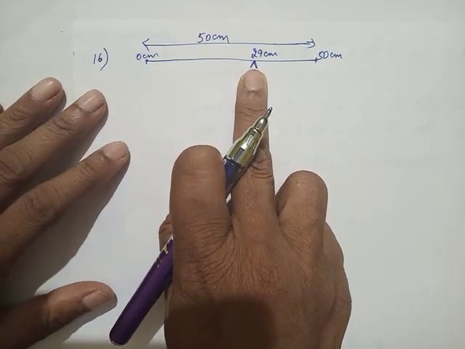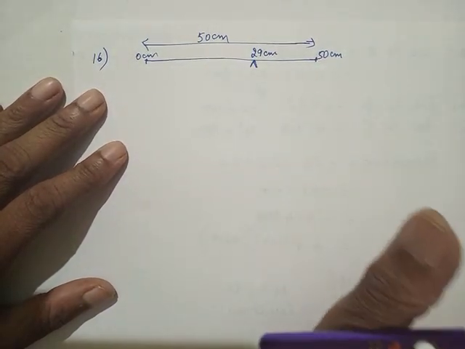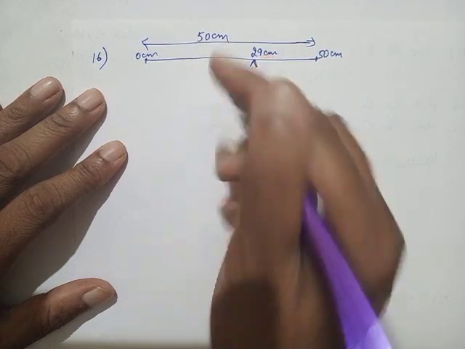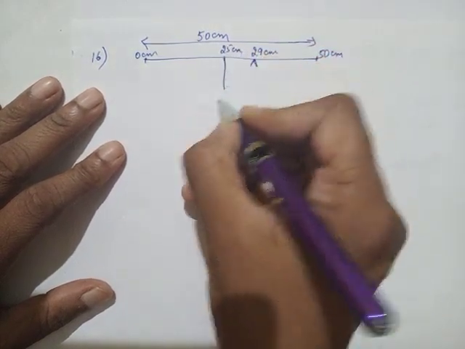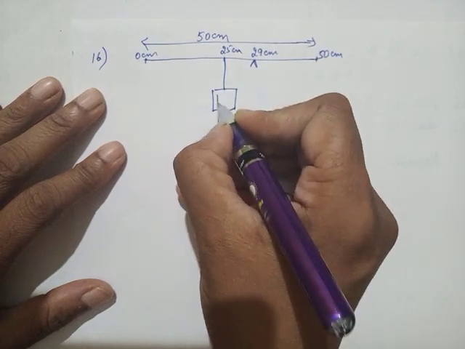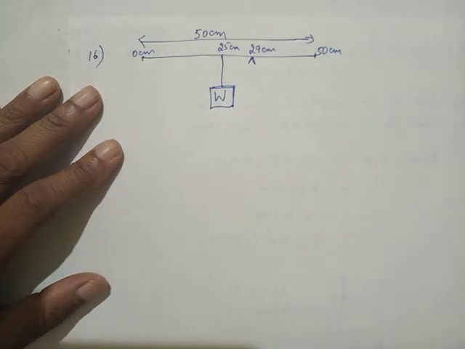But in cases like this, where it is not pivoted at center, it is pivoted at some other point. So the moment you see that it's pivoted at some other point, at 25 centimeter, you just put like this, W. The weight will be acting from 25 centimeter.